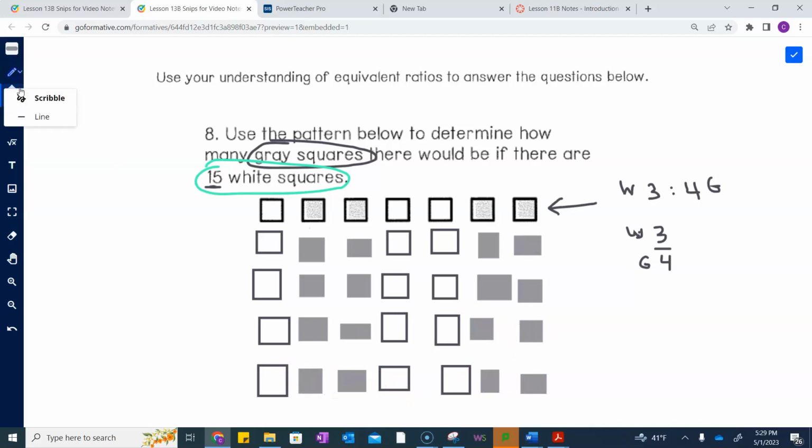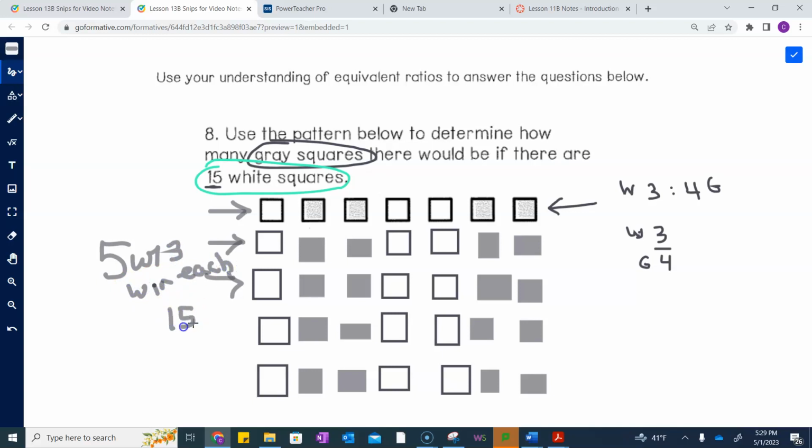So I have my diagram drawn. How many gray squares will I get if I have 15 white squares using the same pattern? Well, we have 5 rows with 3 white in each for a total of 15. 15 white. And that's what I'm looking to get over here. I'm looking to have 15 white squares.